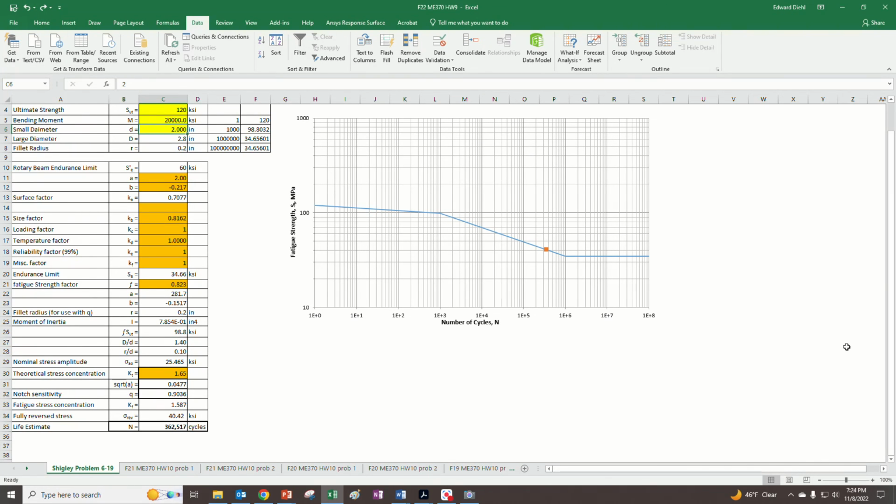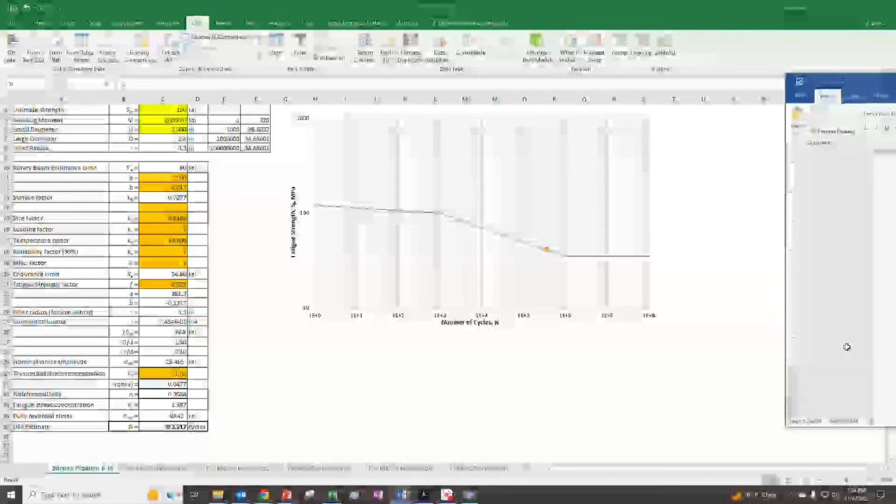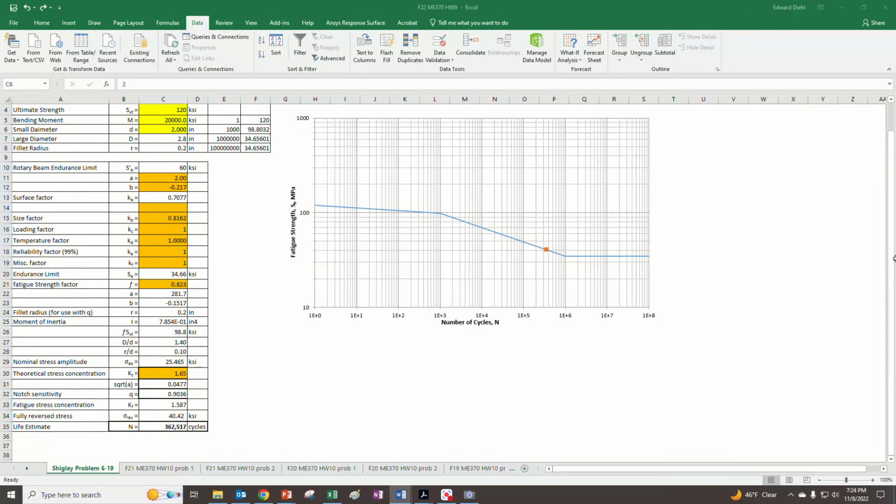Now, interestingly enough, the solution that Shigley has provided for the 10th edition, well, of course, that's the 10th edition, and I'm using 11th edition parameters. So that wouldn't be right. But anyway, they don't seem to even be following their own problem. And I never looked closely. I can't see where they've used their safety factor anywhere.